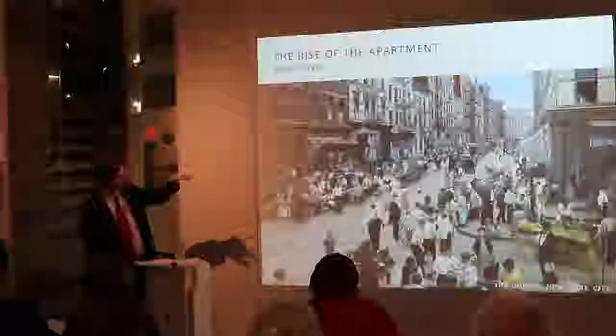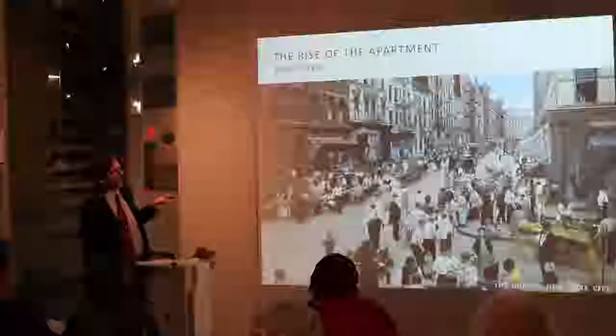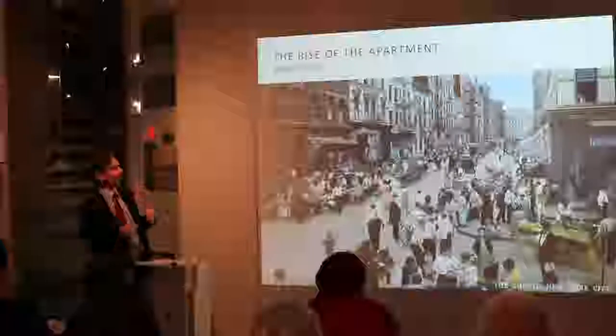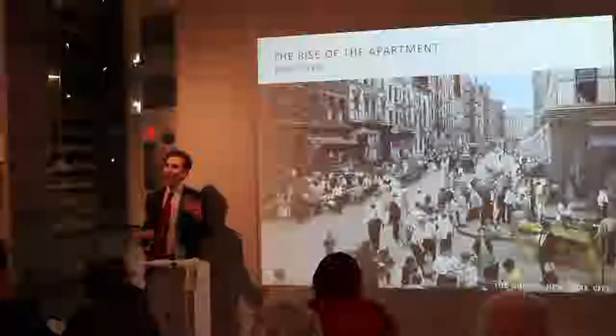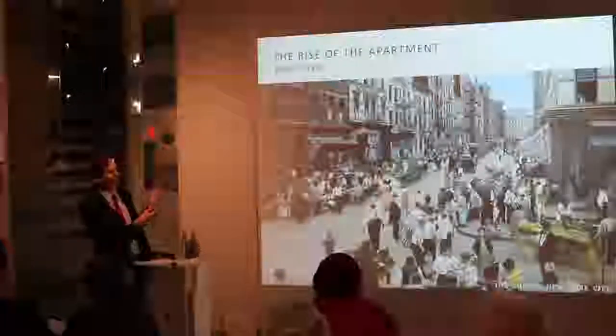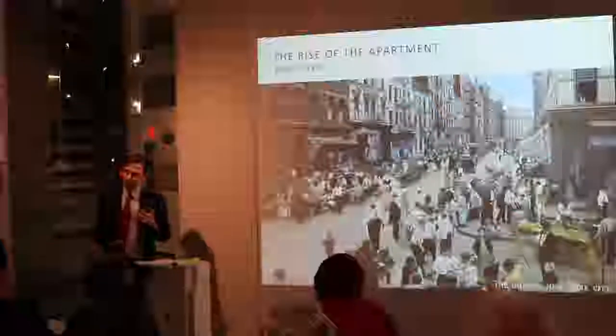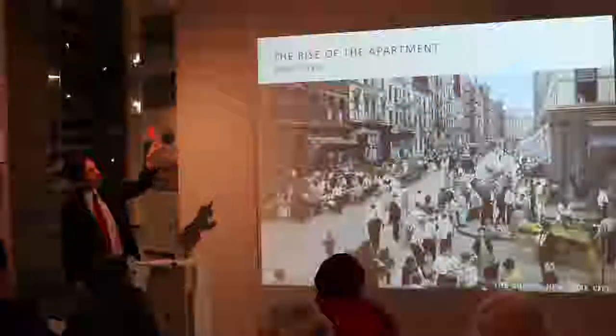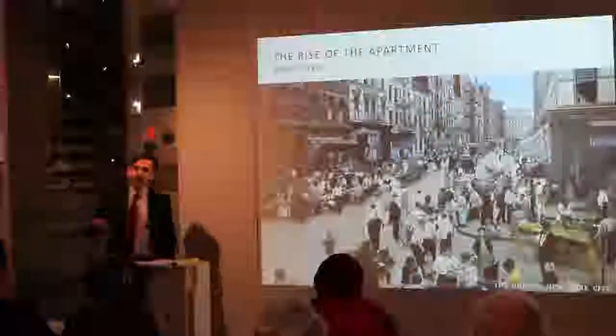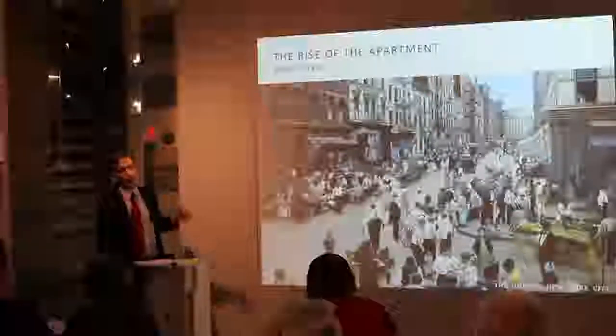This image of Orchard Street from around 1900 shows the streets serving as far more than conduits of traffic. They're full of push carts. It's all about commerce. And they're lined by tenement buildings that go up to 6 stories.